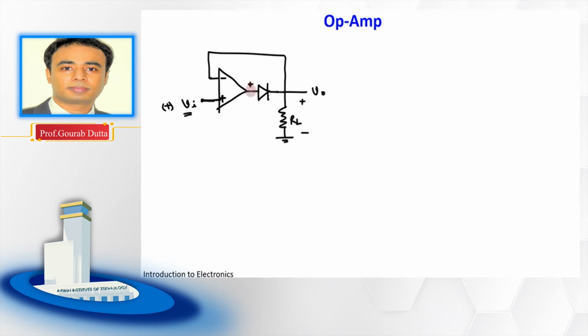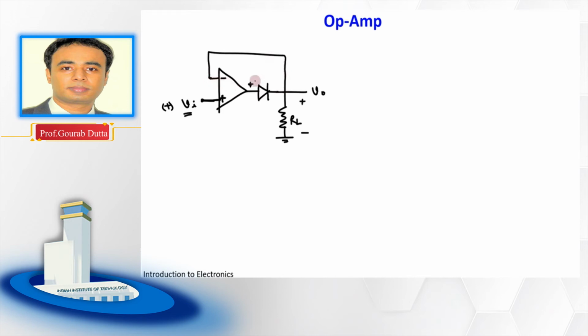As this output of the op amp is positive, this will make this PN junction diode forward bias. A forward biased PN junction diode can be considered as a short circuit. So if you consider it as a short circuit, then the output terminal of the op amp is now directly connected with the inverting terminal of the op amp.